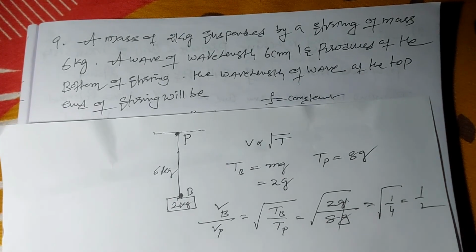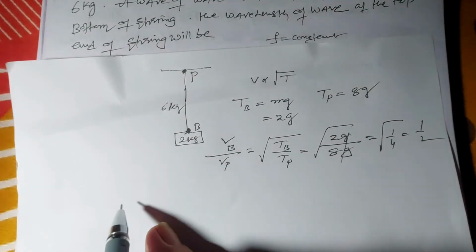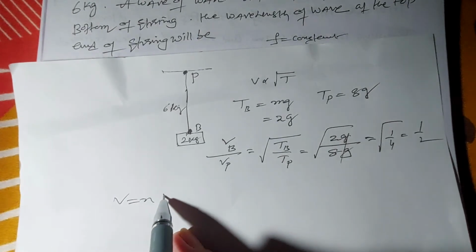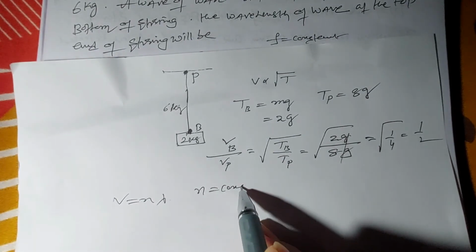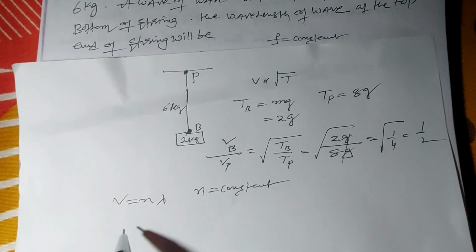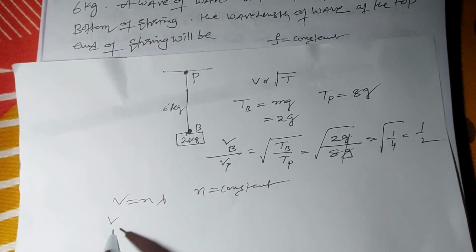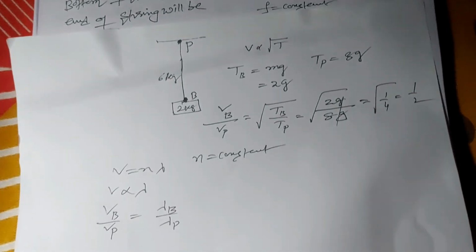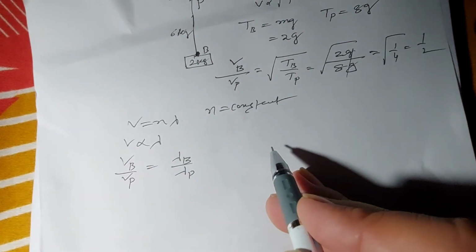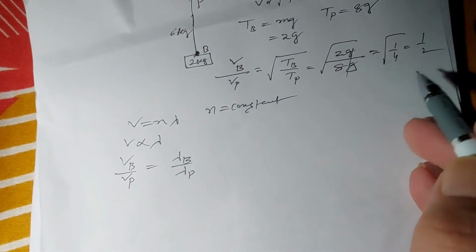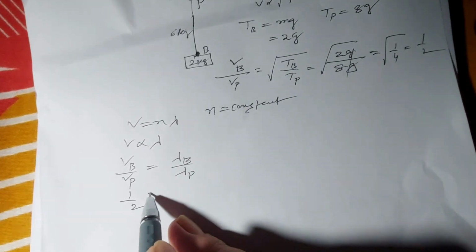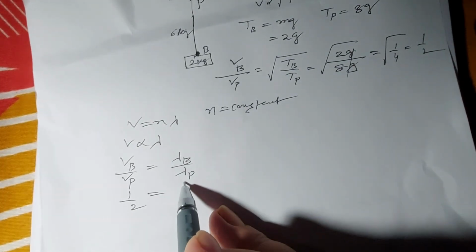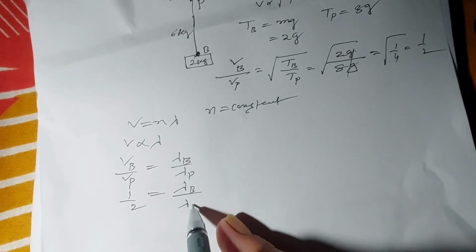But here the frequency remains constant. We know that V is equal to n lambda, and n is constant, so V is proportional to lambda. Vb by Vp is equal to lambda b by lambda p. Vb by Vp is 1 by 2, so 1 by 2 is equal to lambda b by lambda p.